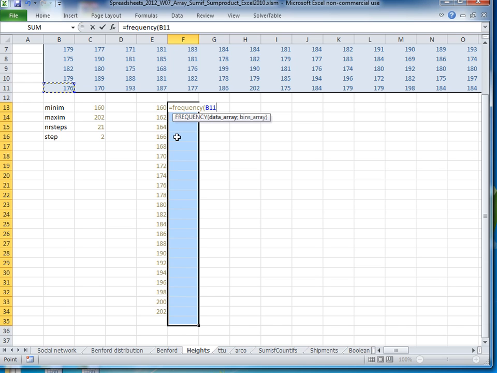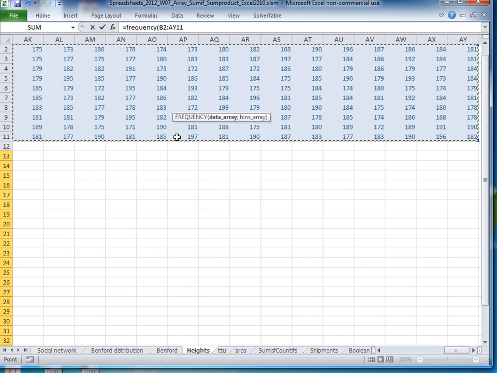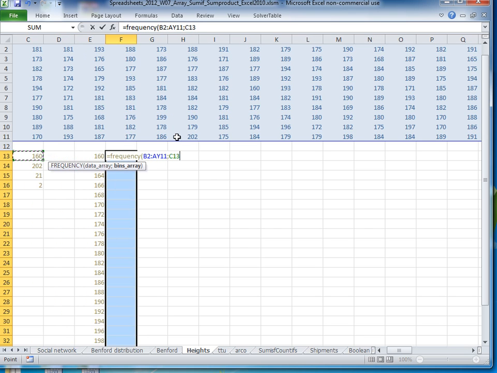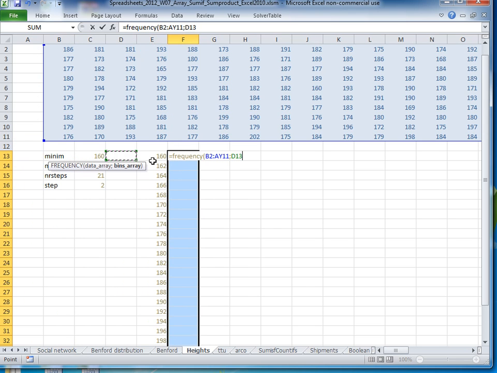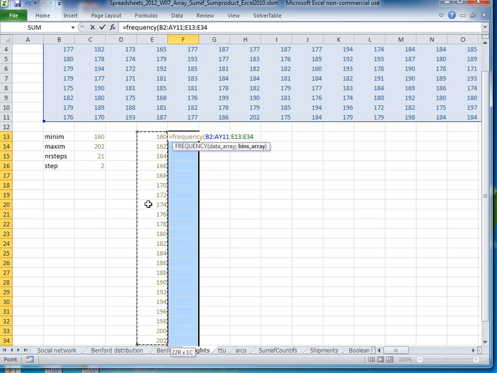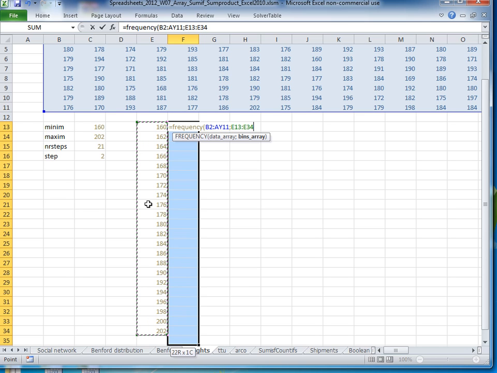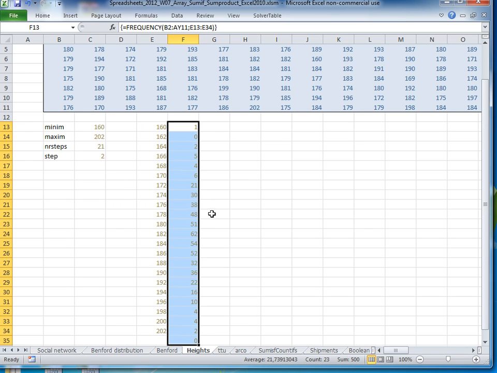So let's at first select our data, and then semicolon, and we want to next select the heights that we've calculated, the different heights we want to analyze the data by. And now we need to press Ctrl Shift Enter, and here we go.